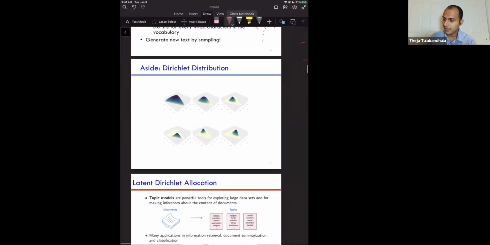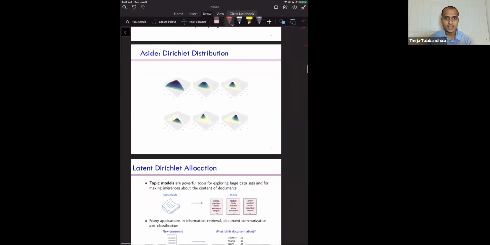Next, I want to talk about a different task, which is clustering documents, tweets, sentences, or paragraphs. All these are very similar tasks. And so, as you know, clustering is an unsupervised learning task.